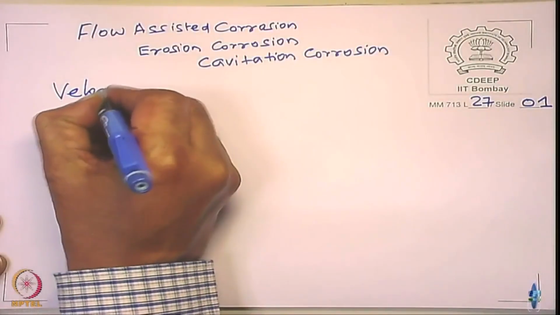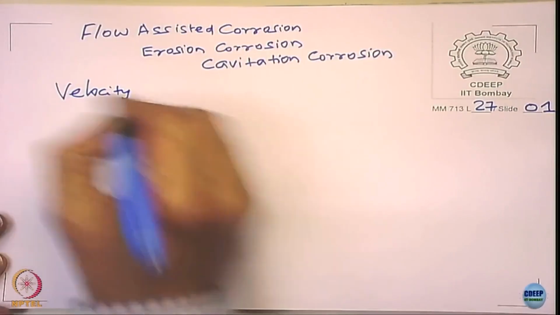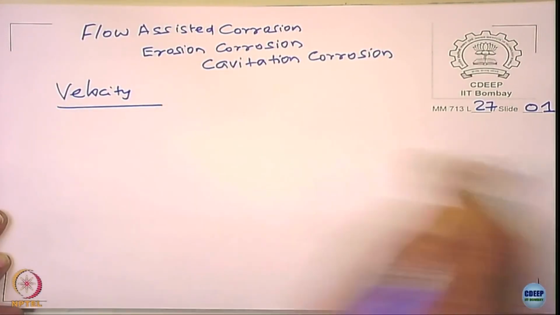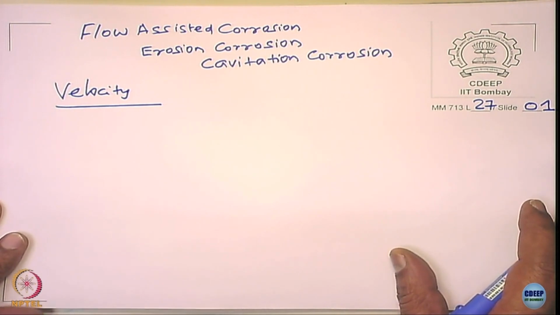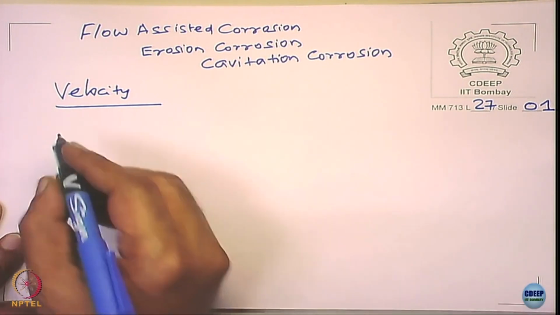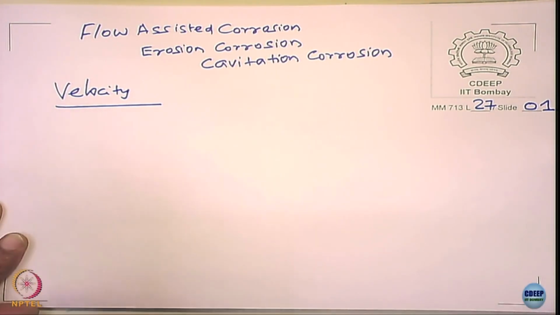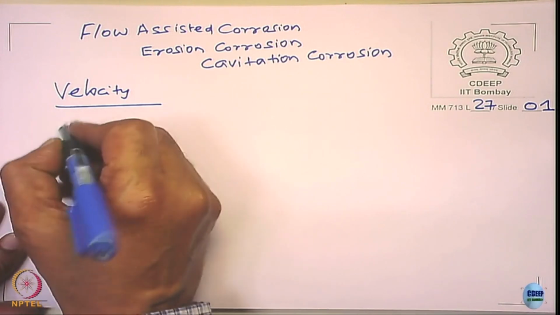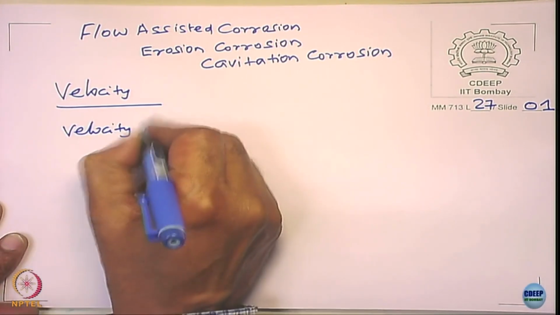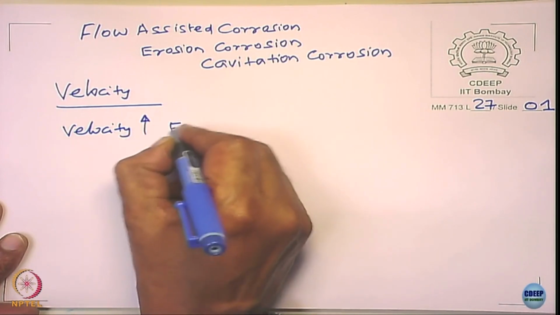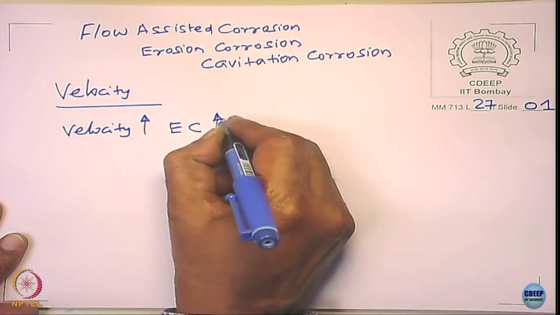The next aspect that we will be discussing now is the velocity. One thing that you might look at is, we can generally say that when the velocity increases, erosion corrosion increases.